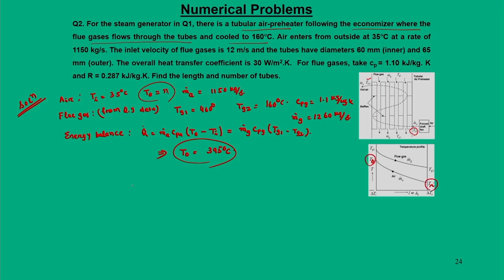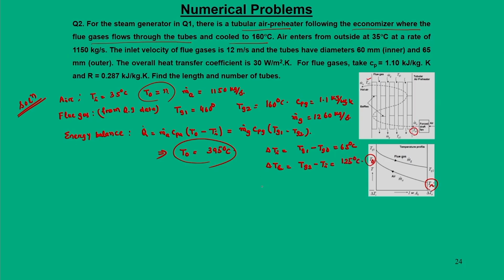From this we can find out delta Ti is equal to Tg1 minus To, that is 65 degree centigrade, and delta Te is equal to Tg2 minus Ti, that is 125 degree centigrade.